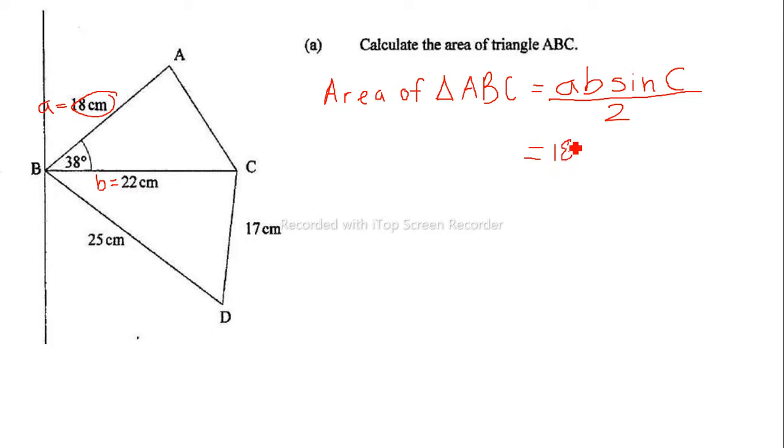You have to include the centimeters, because remember it's going to be area, so it's going to be squared. Then B is 22 centimeters. Sine C, so it's going to be sine of 38, all divided by 2.